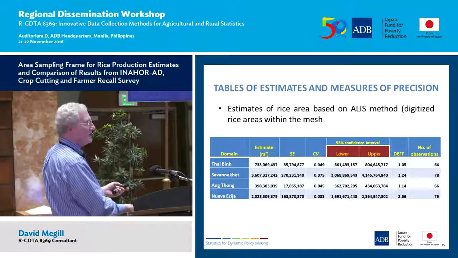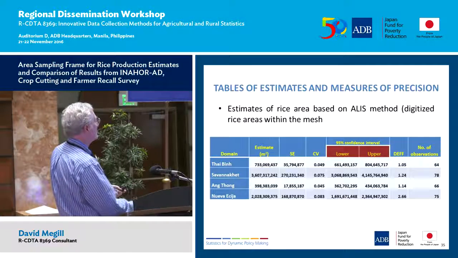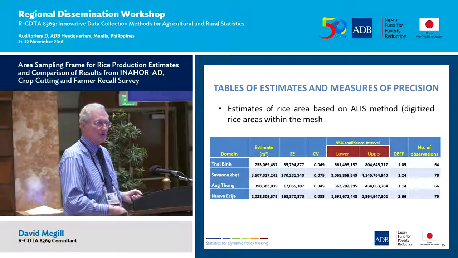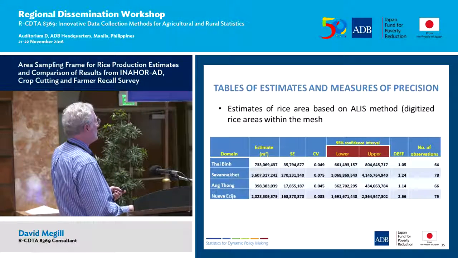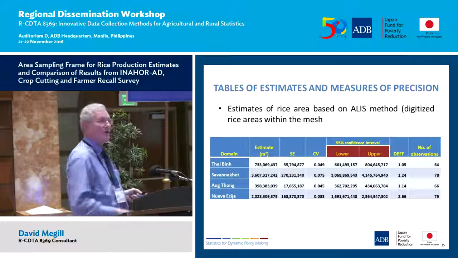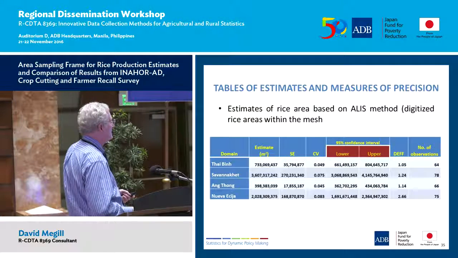Some of these went down by more than half. So this gives us a more accurate and more precise estimate of the total area in rice. And so this is an important part of the methodology for improving the precision of our estimates.